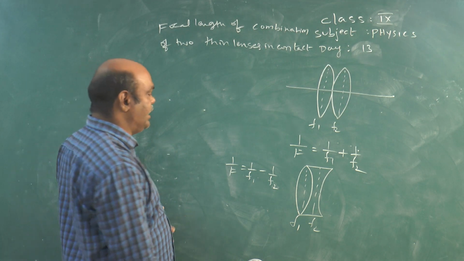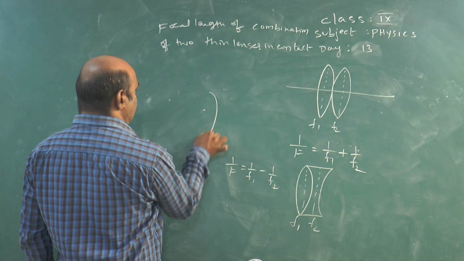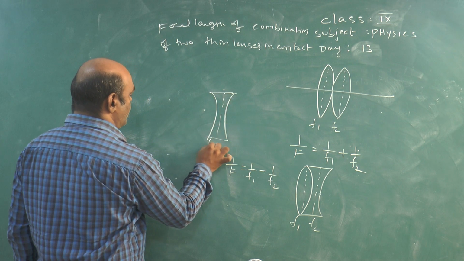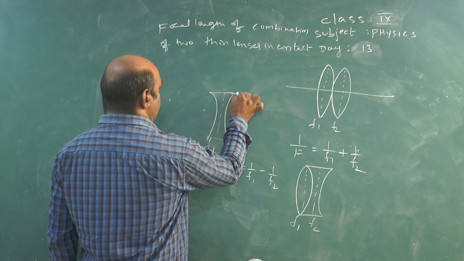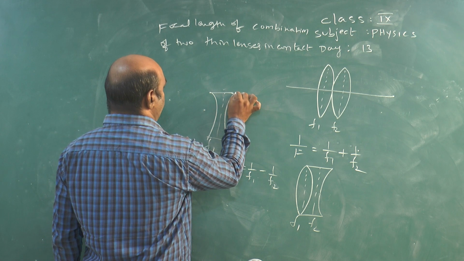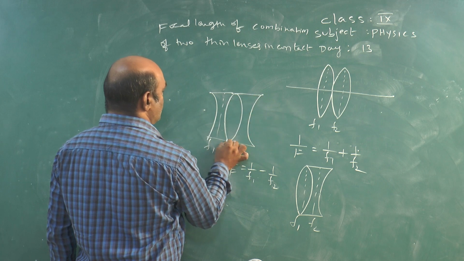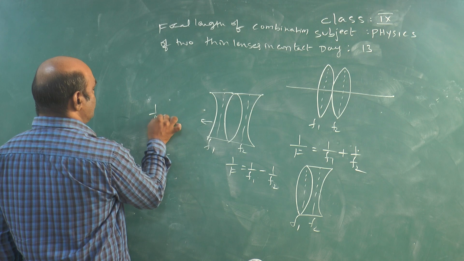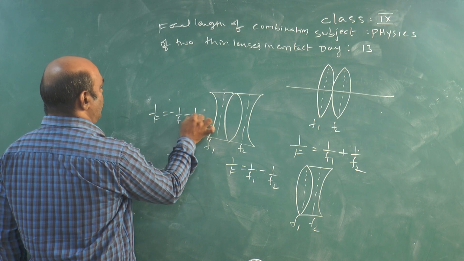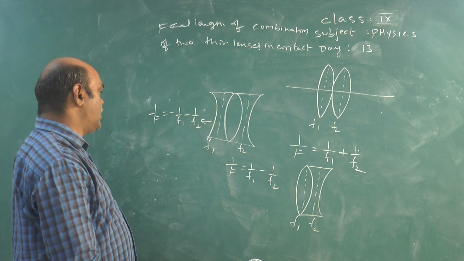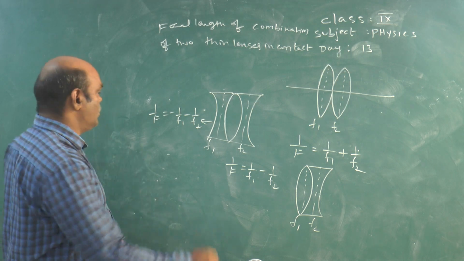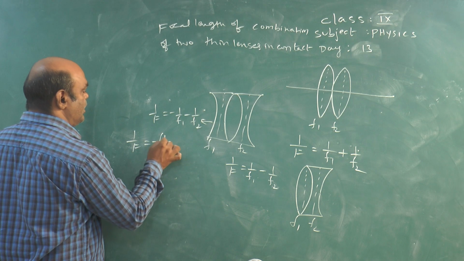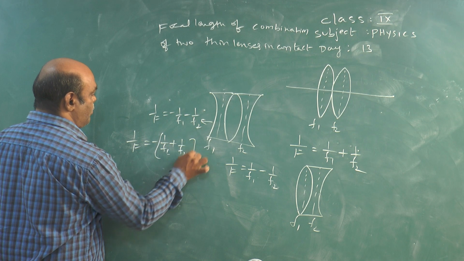Otherwise, if you combine two concave lenses, one concave lens of focal length f1 and another concave lens of focal length f2, then the formula is 1 by F equal to minus 1 by f1 minus 1 by f2. We can write this as minus of 1 by f1 plus 1 by f2.